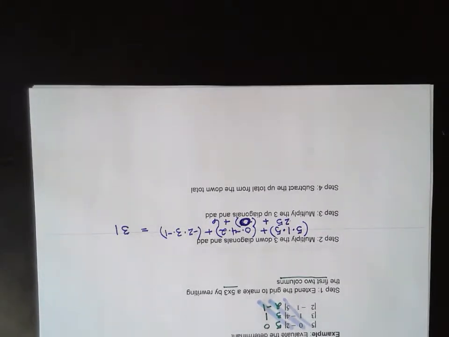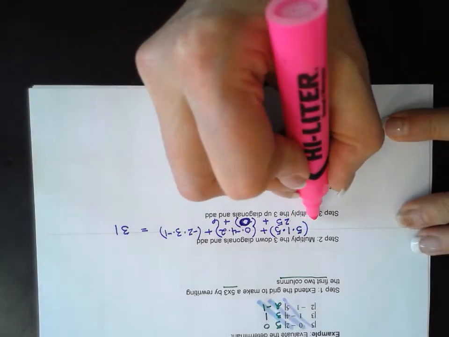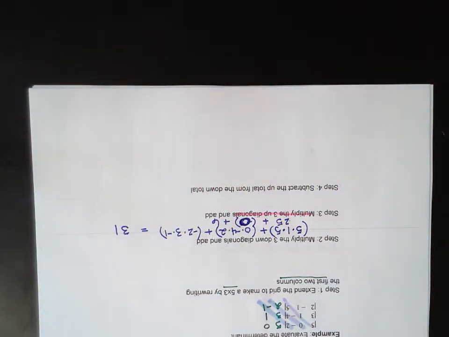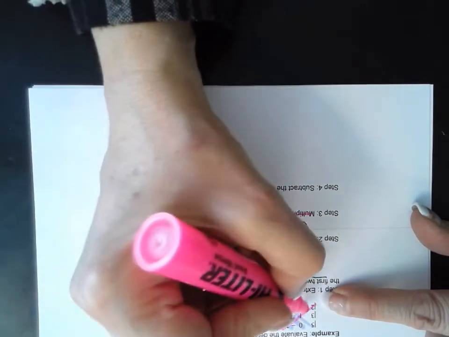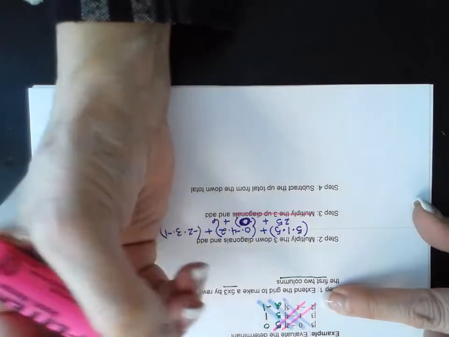Okay, now the second part is multiply my 3 up diagonals and add. So this time I'm going to have 2, 1, 2, -1, 4, 5, and 5, 3, 0.